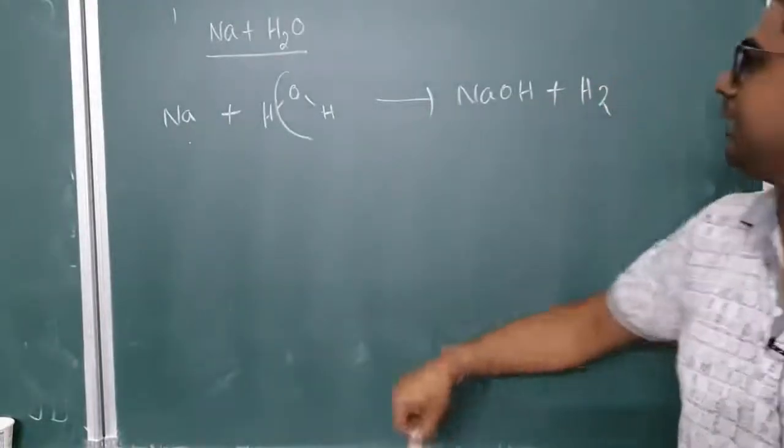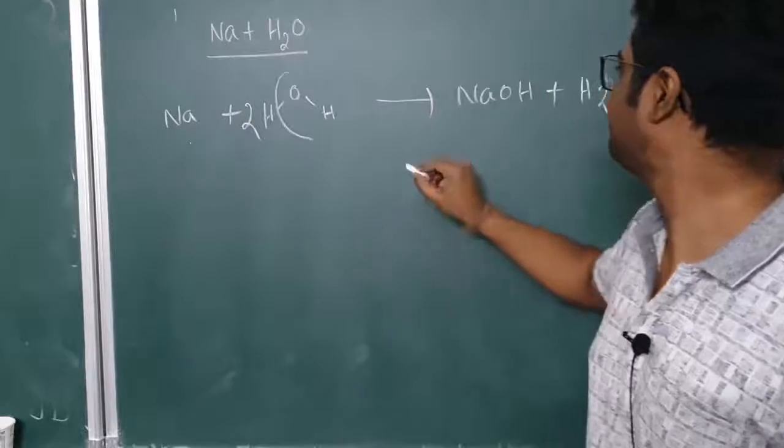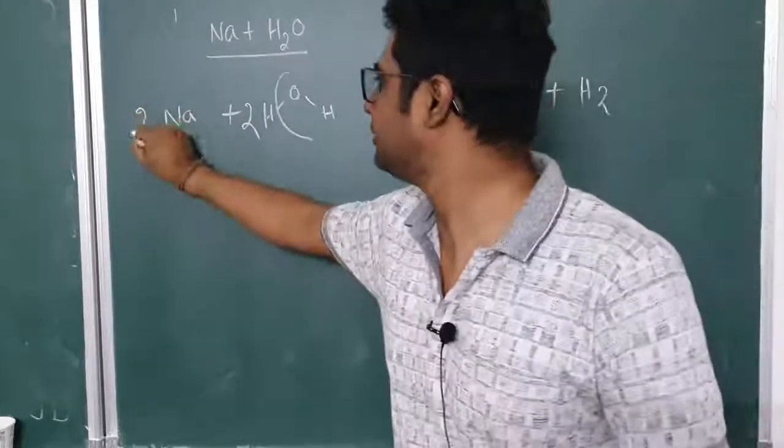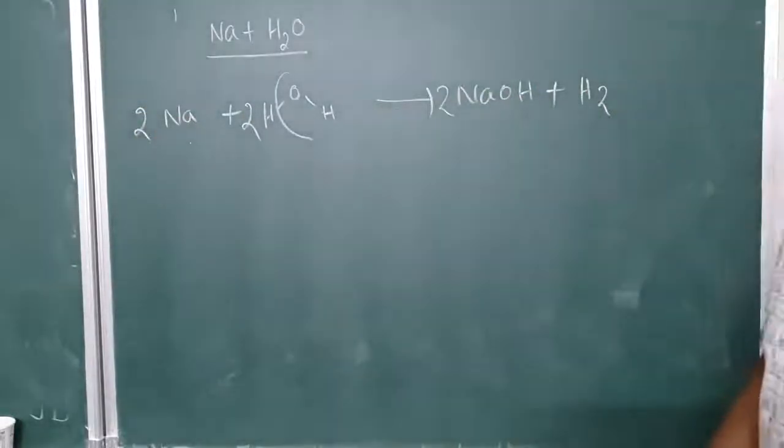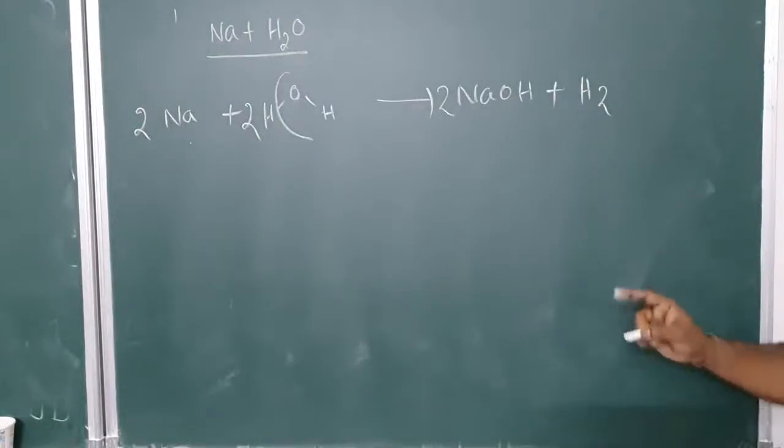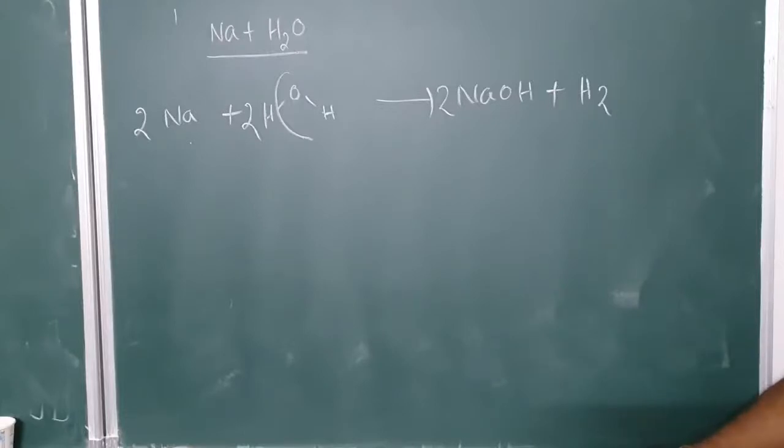After that you need to balance: 2H2O, 2NaOH, 2Na. This reaction is also very violent, but not as violent as in case of potassium.